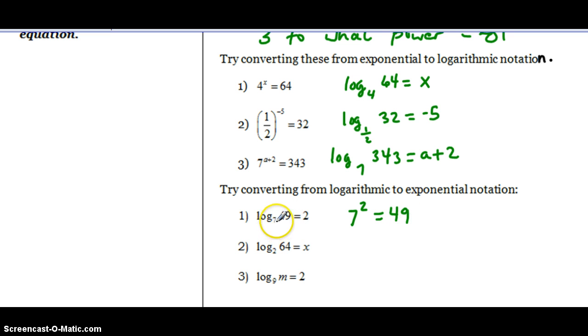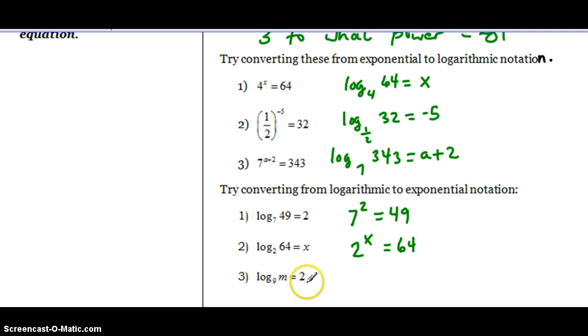So base 7 squared is equal to 49. For our second one, again, we're going to lose the log and write the base of 2. And then the x is the power, and then equal to 64.